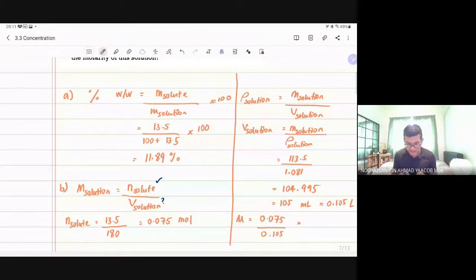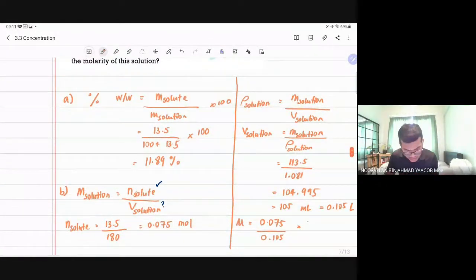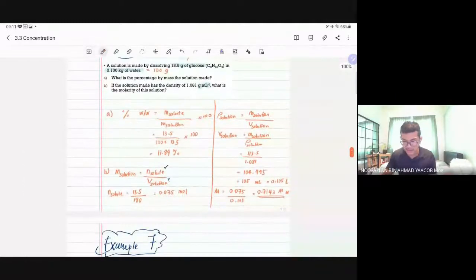Kita akan dapat molarity 0.075 bagi 0.105. Kita akan dapat molarity 0.7143 molar. Ini adalah final answer. Okay.